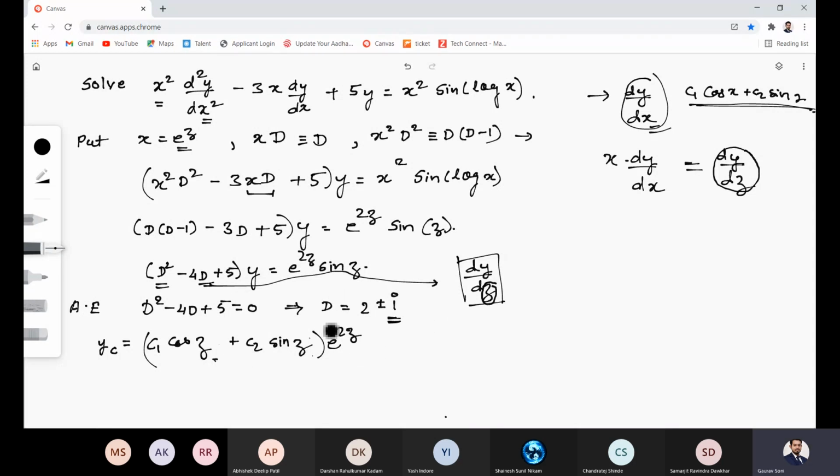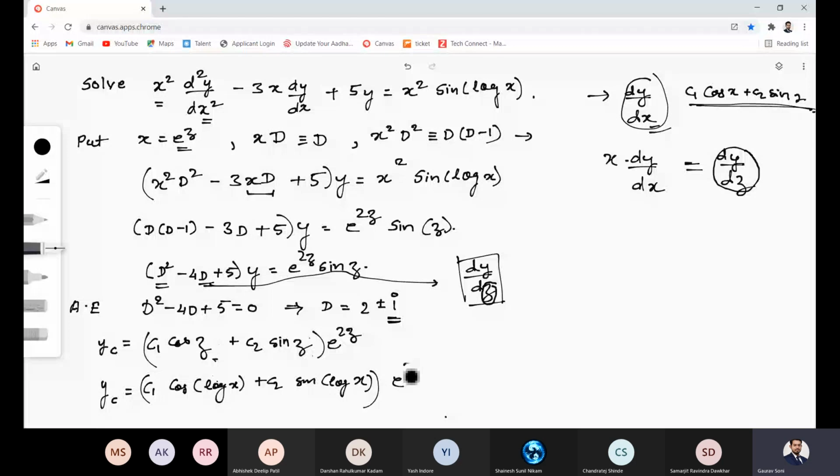Now in this we can resubstitute the value of z. So yc is equal to c1 cos of z plus c2 sin of z, what is z? The value of z is log x. So c1 cos of log x plus c2 sin of log x, in bracket complete, e to the power 2 log x.